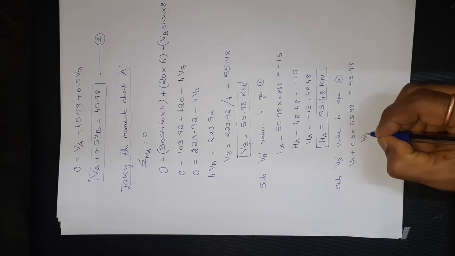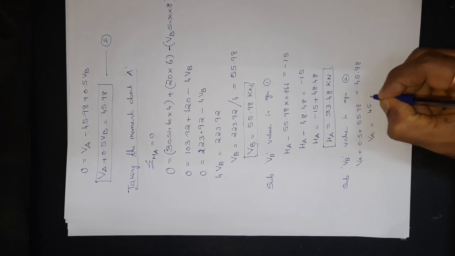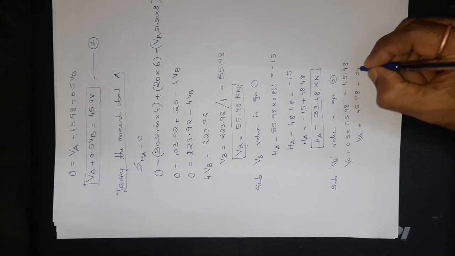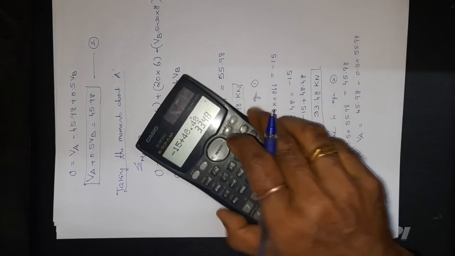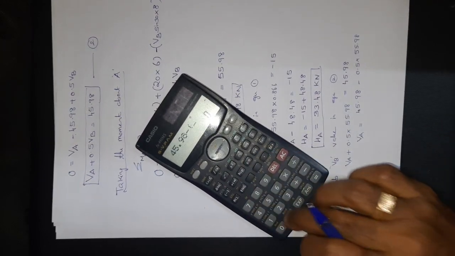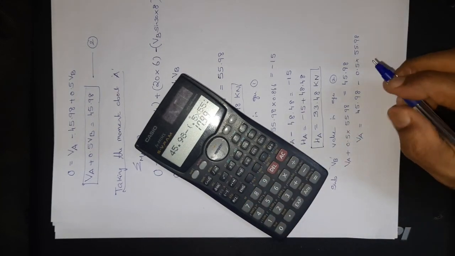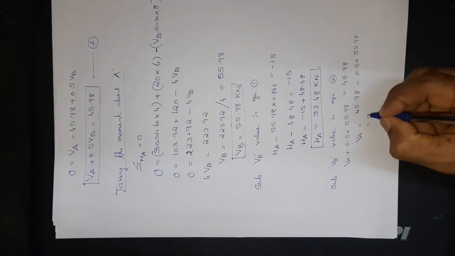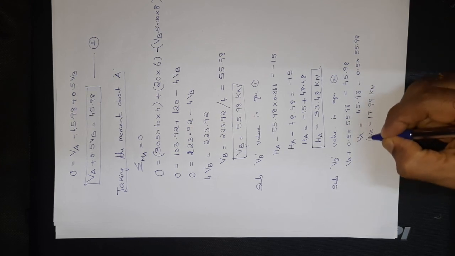So VA equal to 45.98 minus 0.5 into 55.98, close the bracket, which works out to 17.99. So VA equal to 17.99 in kilonewton.